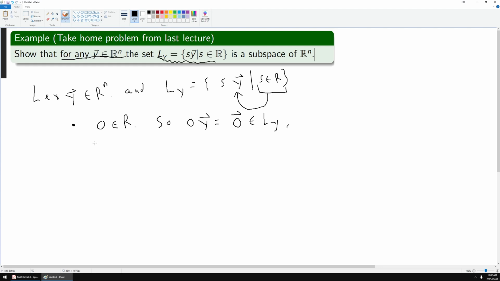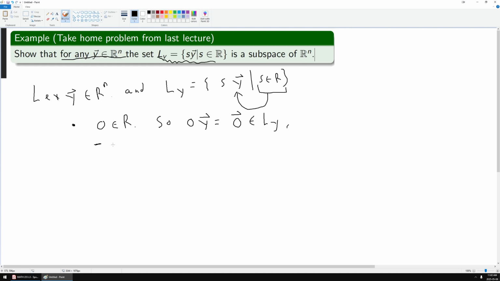The other thing we need to do, that's kind of a subset of this, is we also have to mention that Ly is a subset of Rn, right? Sometimes you have a vector space Ly that could legitimately be a vector space, but it's not actually a subset of Rn, therefore it fails to be a subspace.